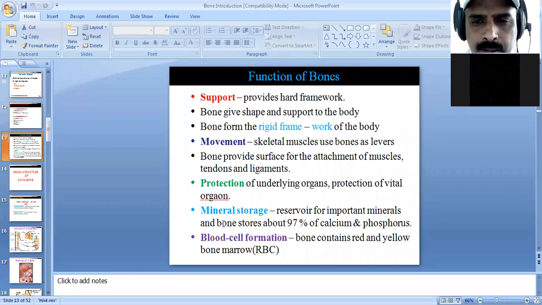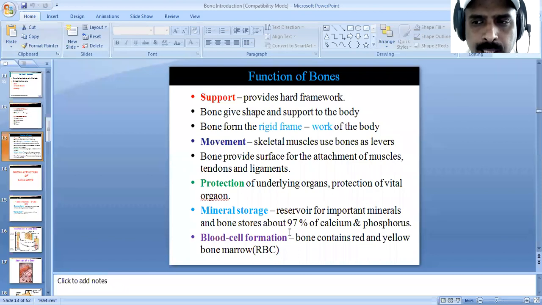Then it stores about 97% of the calcium and phosphorus. It also stores other important minerals, so 97% of the calcium is stored in the bone. And it is also where blood cells are formed. RBCs are formed in the bone marrow.